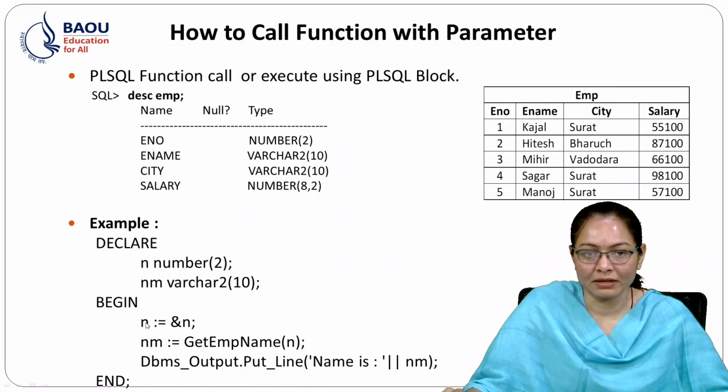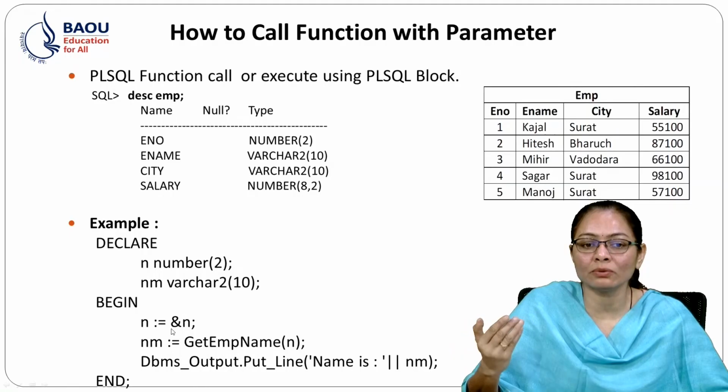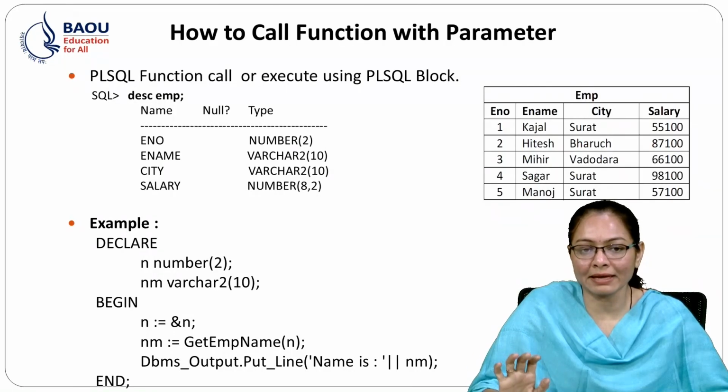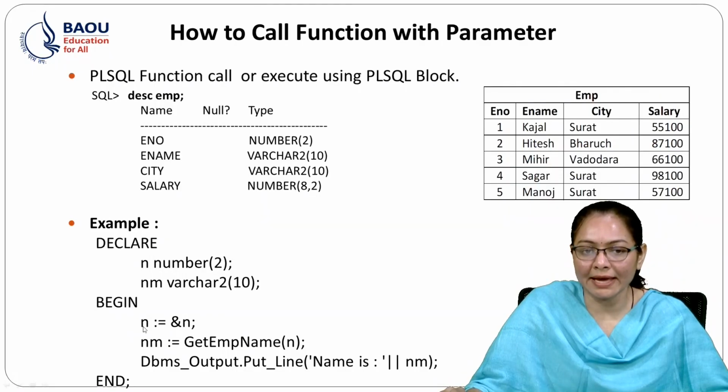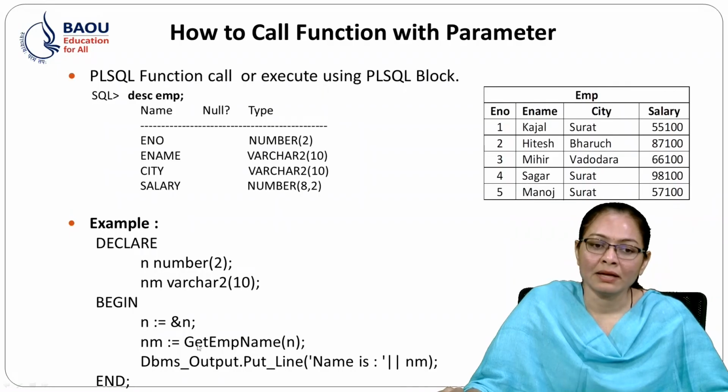In the begin section, here n, then colon, equals, &n. The ampersand means it will accept the value from the user. It asks the user to enter the value. So the user enters the value, for example, I enter the value 5. So 5 is stored in the n variable. Then the name variable nm colon equals the function name, get employee name.